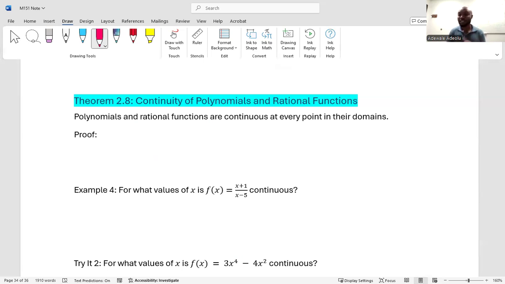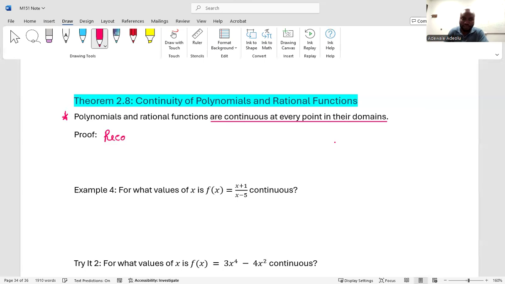We talked about the limit of polynomial functions and the limit of rational functions, that their limit exists if the point we are considering is in the domain, right? So our claim here is that polynomials and rational functions are continuous at every point in their domains.